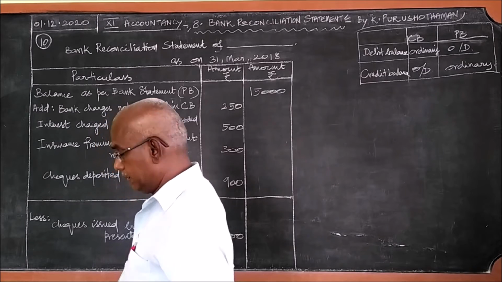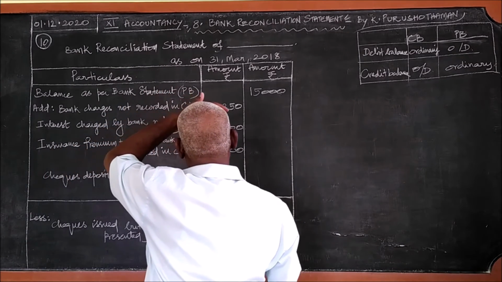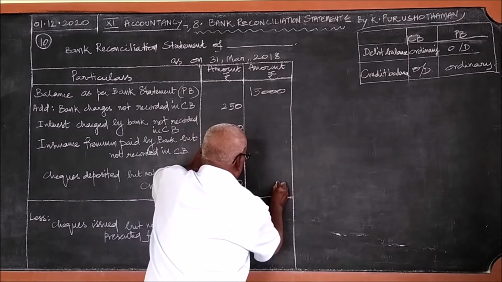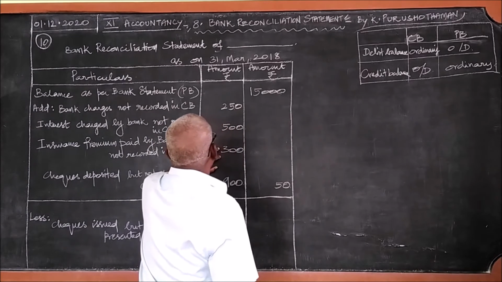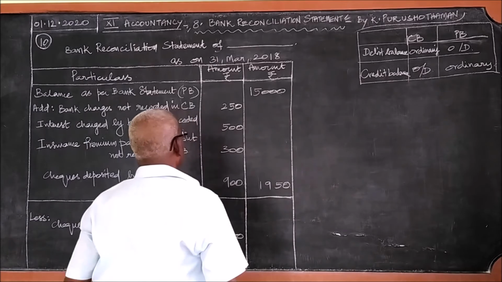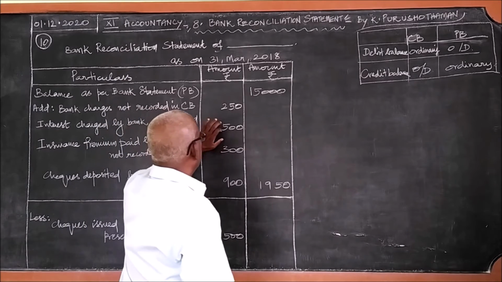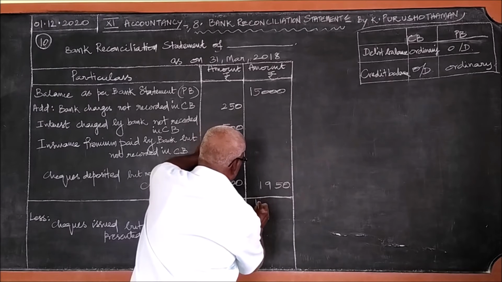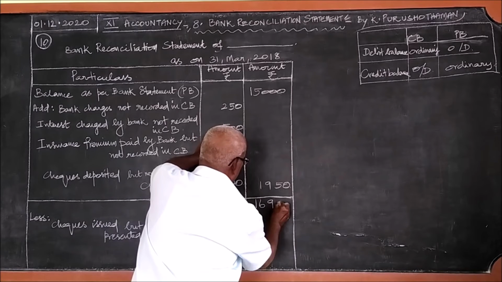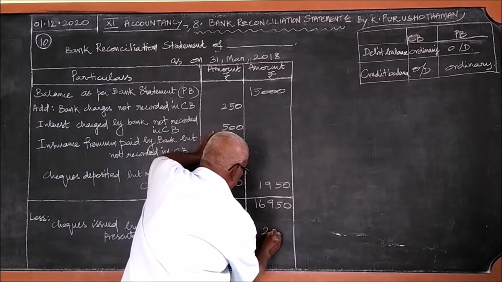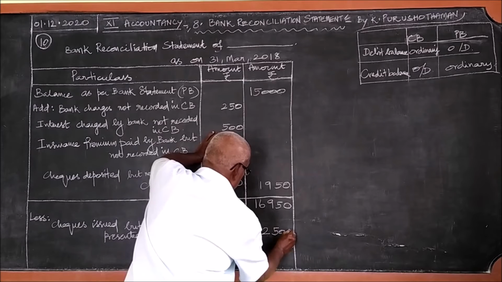Now we shall find the answer for it. The total amount is 16,950. From this you minus 2,500.